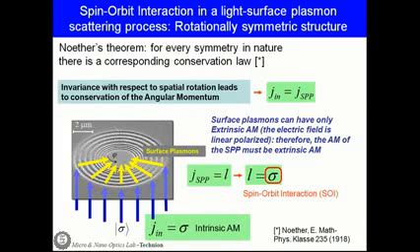So the angular momentum of the incident beam must be equal to the total angular momentum of the surface wave, but the surface plasmon can have only extrinsic angular momentum, so the orbital angular momentum of the surface wave must be equal, in this case, to the intrinsic angular momentum of the propagating wave.